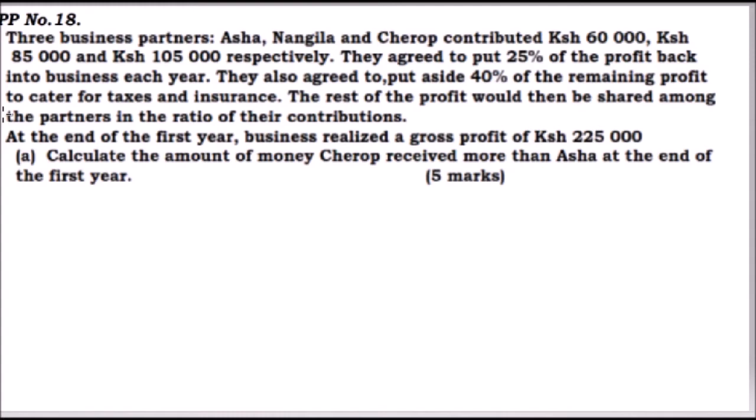So the amount put back, we can just say put back. Since they had agreed 25%, it is 25% of the profit, which is 225,000, and you compute that. You can simplify there, then you use your calculator to compute.